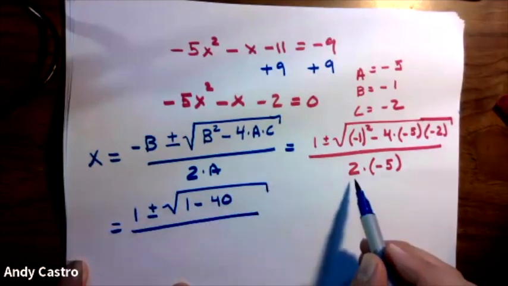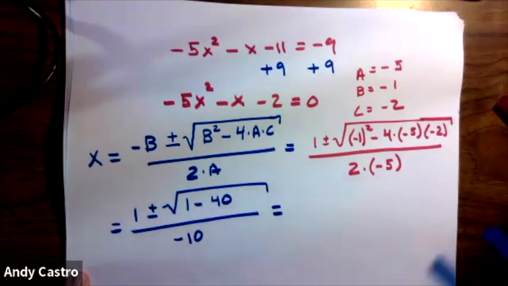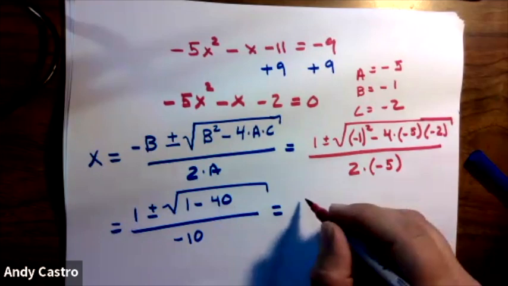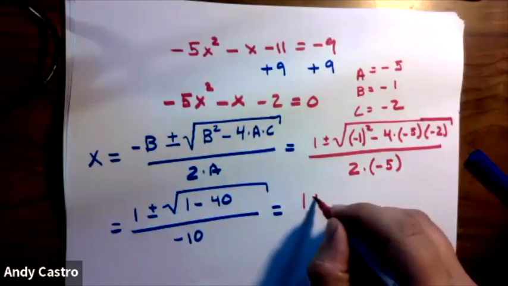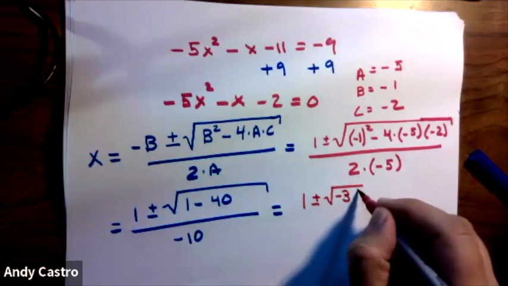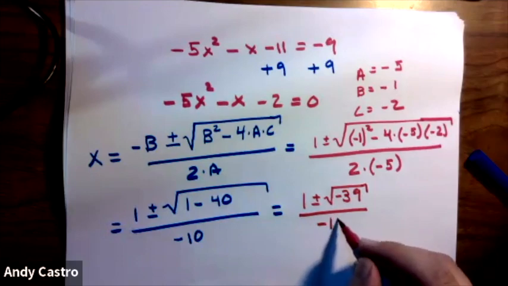Divided by 2 times negative 5 is negative 10. Okay. 1 minus 40 is going to be negative 39. So we have 1 plus or minus the square root of negative 39 all over negative 10.